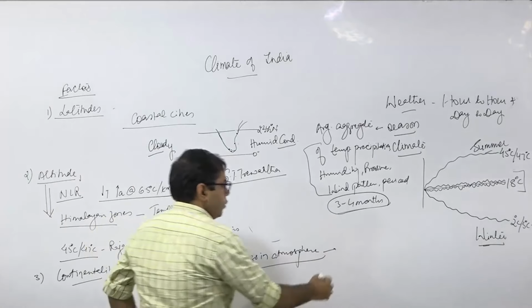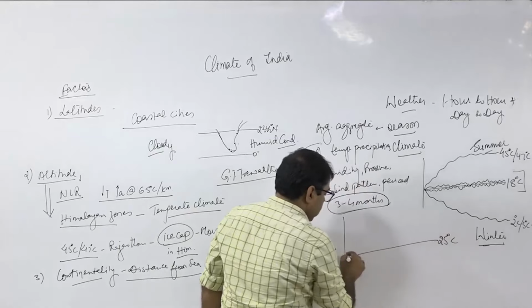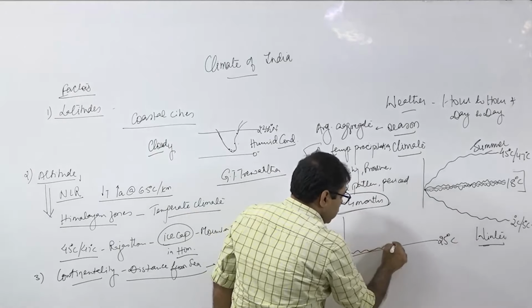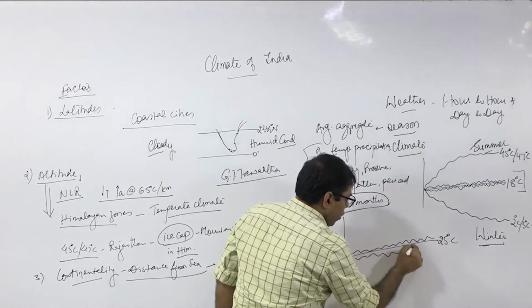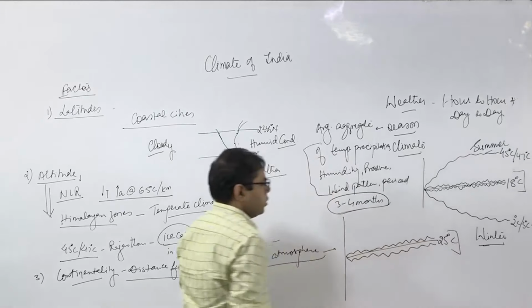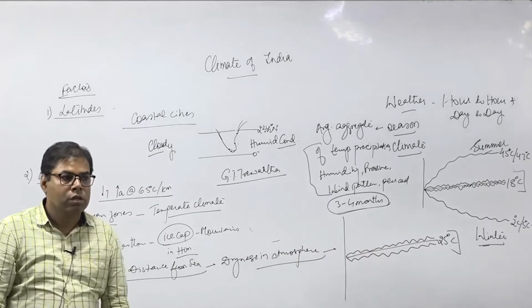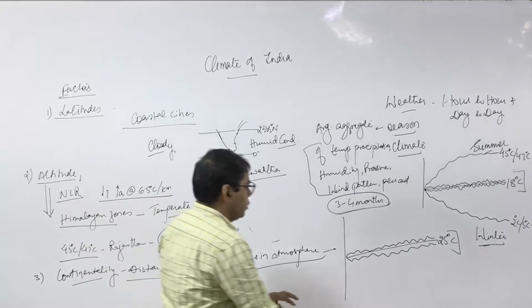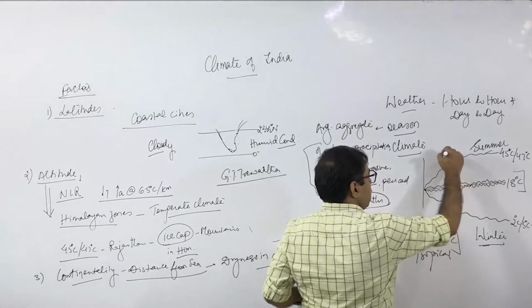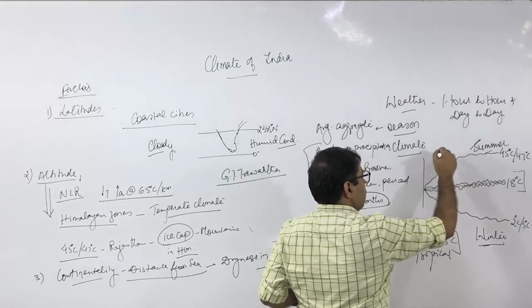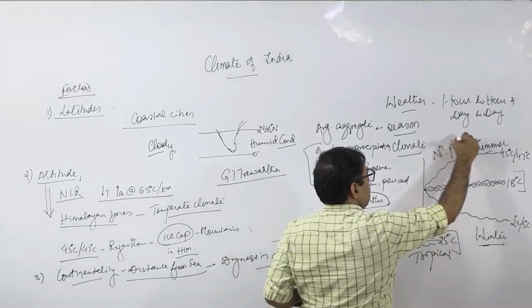If the average temperature of an area is 25 degrees Celsius, and their temperature is about 27, 28, 30 degrees, here the temperature is 22, 23, 24 degrees. Are the seasons prevailing in this zone? Yes or no? No. Reason? So that is the tropical region in India. This is the region of the northern plains in the north.